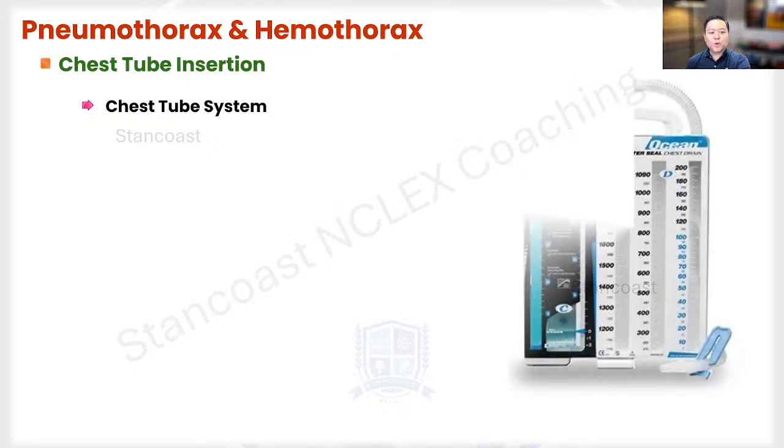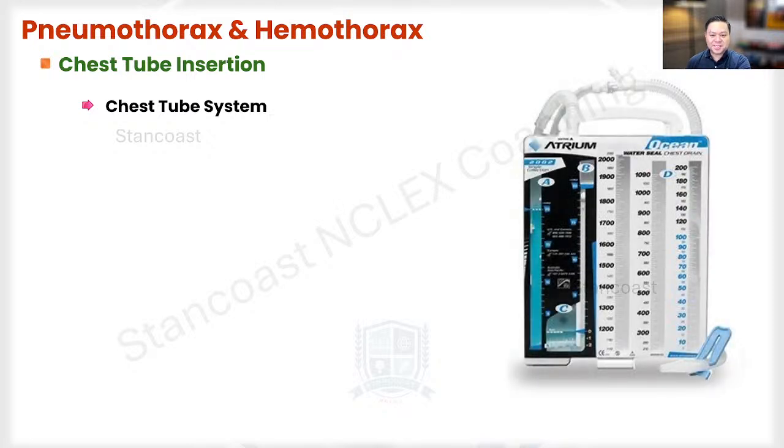And so with the chest tube drainage system, this is typically the disposable one, the 3-chamber drainage system. And this is going to include, of course, the drainage section right here, and we have the collection chamber as well, or the water seal right here.